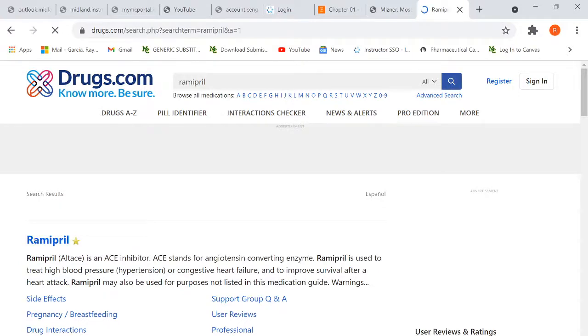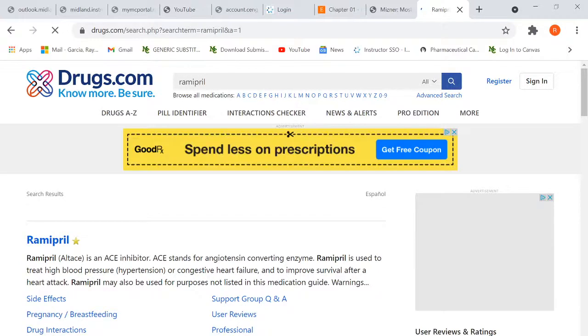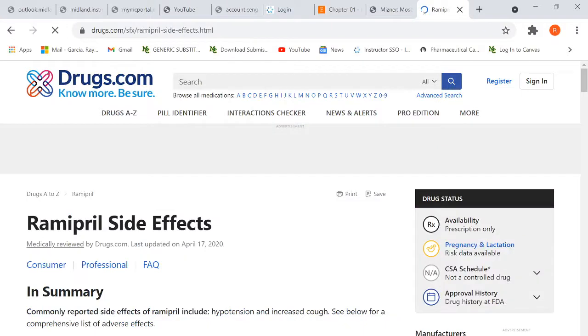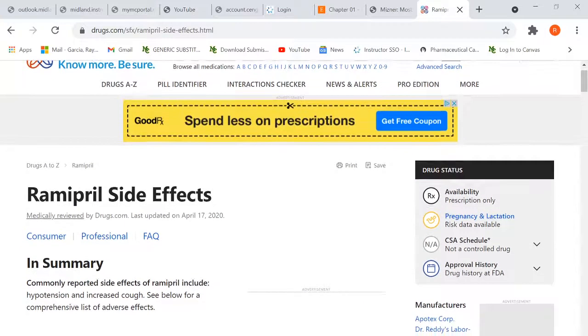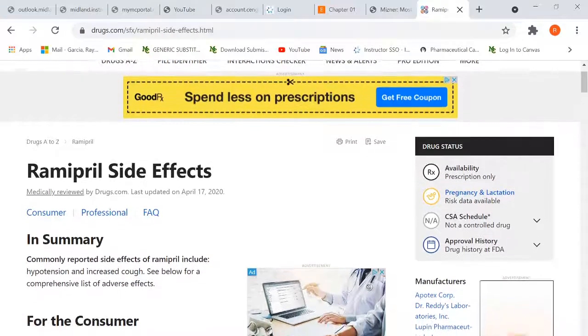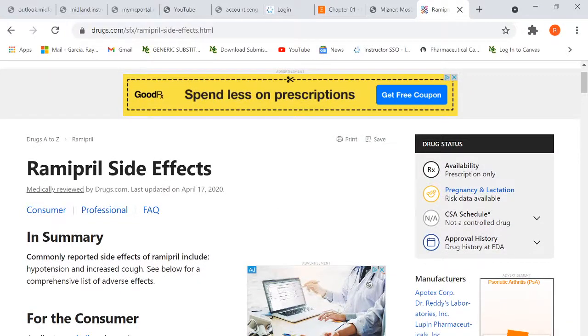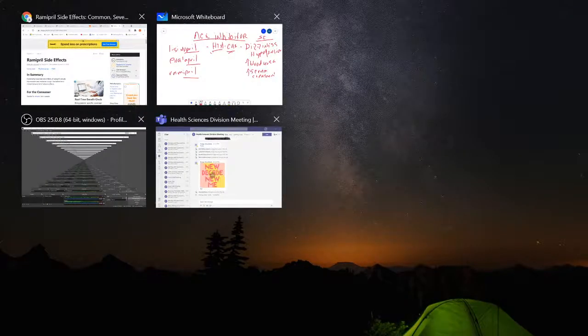I'm looking at the side effects in drugs.com. You can probably also find the drug class as well. So again, we have hypotension and increased cough. So for the most part, it creates hypotension. I'll put increased cough here.